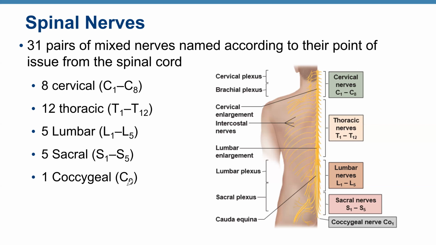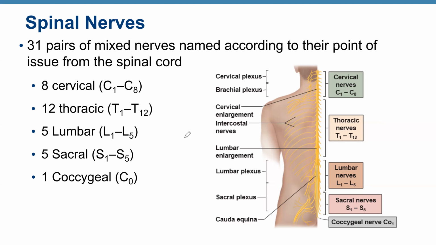Right, so you're looking at your spinal cord, and remember, the spinal cord is divided into 31 segments, and from each segment you have a pair of nerves that are branching from those segments.